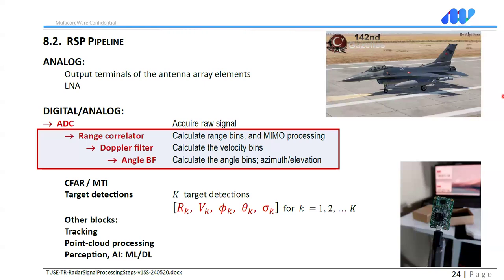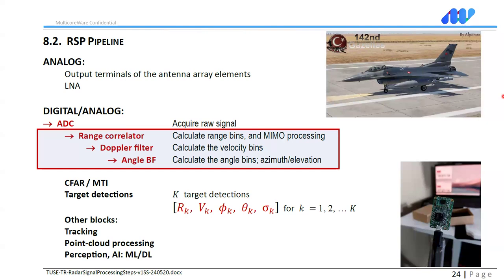On top, you see a famous F-16 fighter multifunctional radar, located at the nose. On the bottom, you see Infineon's $500 FMCW radar. One is millions of dollars, the other is $500, and basically they have the same block diagram. The implementation is super different, but they have very similar processing blocks. I worked on both of them, and I see many common steps.